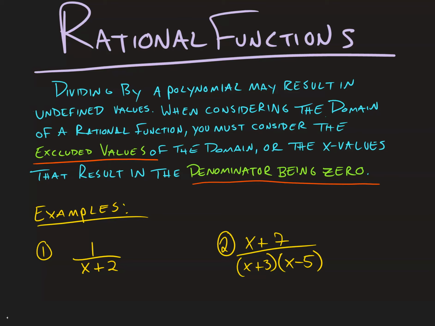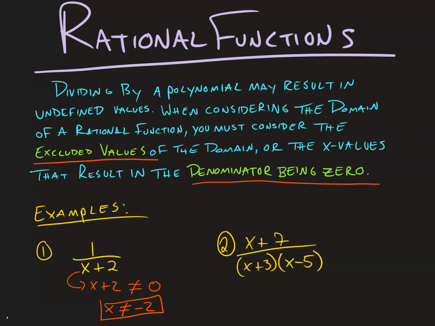So to make sure we don't get an undefined value, we take our denominator, x plus 2, and since we don't want it to equal 0, we set it not equal to 0, and then we solve for x. In this case, we subtract 2 from both sides, so we get that x cannot be equal to negative 2. So that value is excluded from the domain of our function 1 over x plus 2.